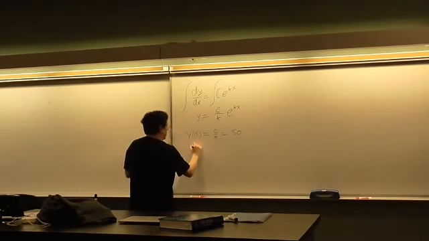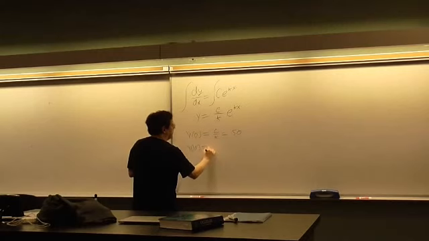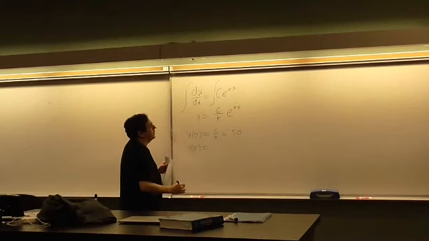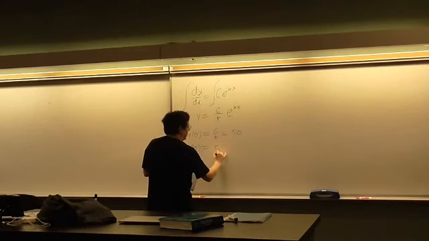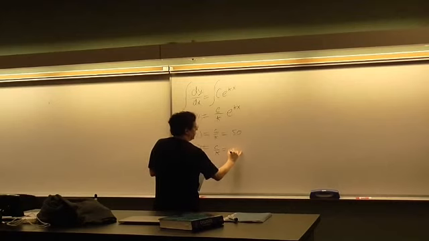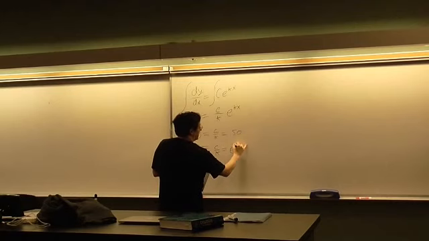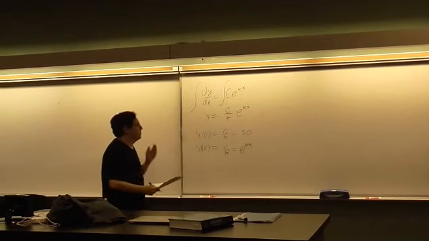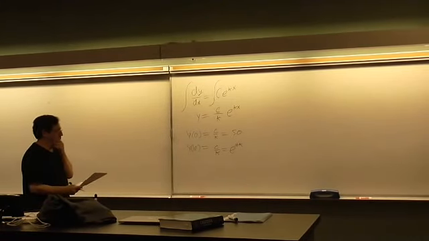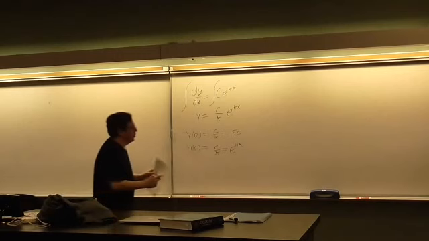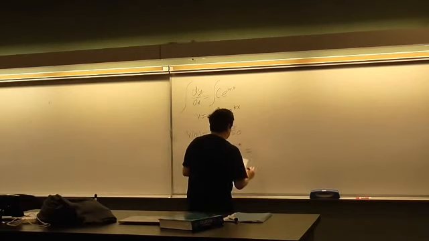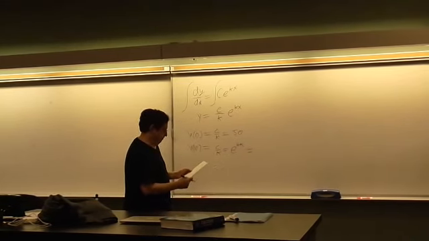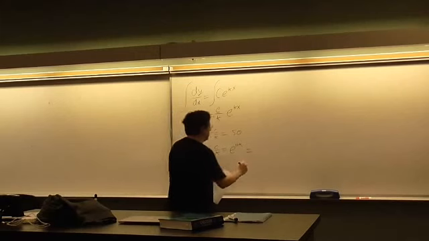And at 10, we get C over k times e to the 10k, which is equal to what? 25.